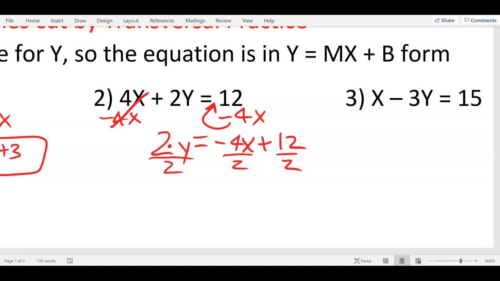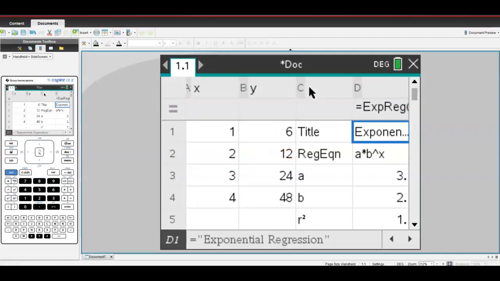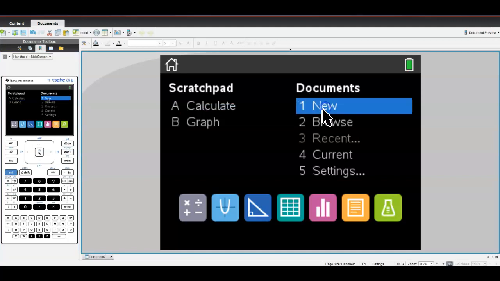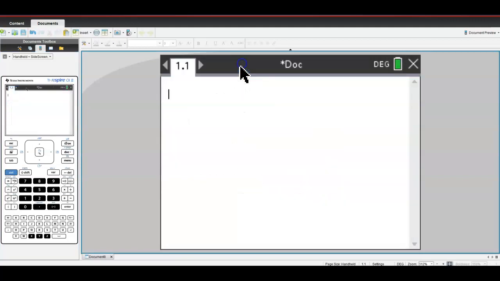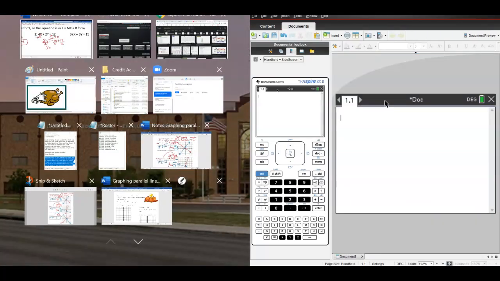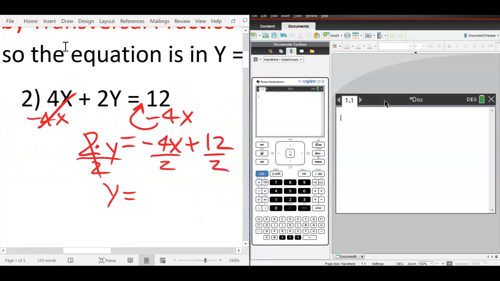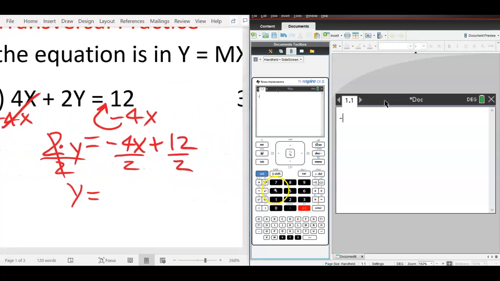Okay. These cancel out. And now I have y equals negative 4 over 2. Now, if you're not good at reducing these in your brain, I don't mind if you do this on your calculator. What is negative 4 over 2?